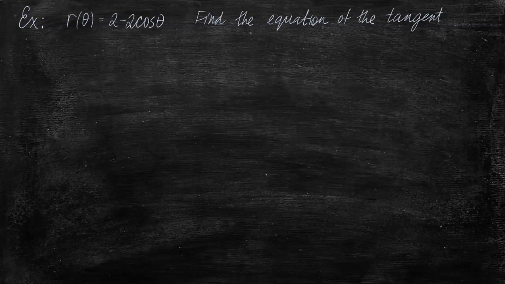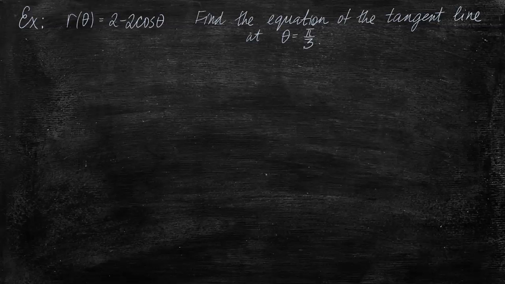Let's say we are given the curve and we want to find the equation of the tangent line at the point when theta is equal to pi over 3.